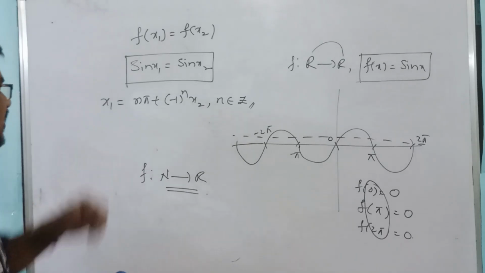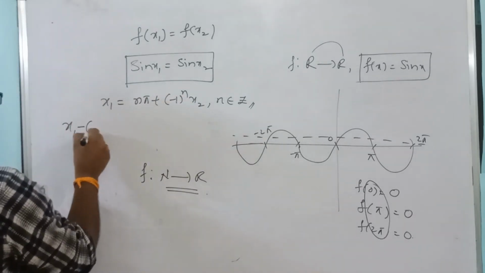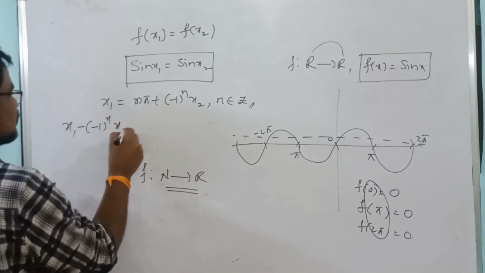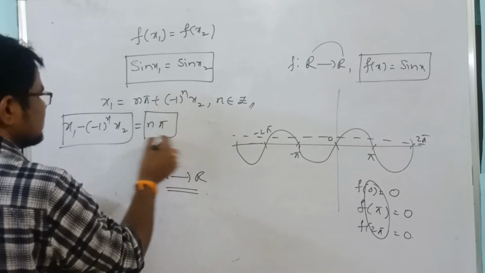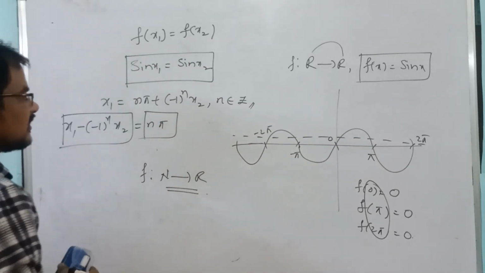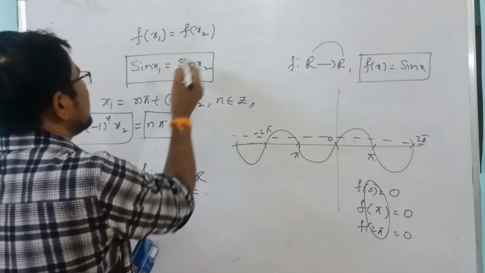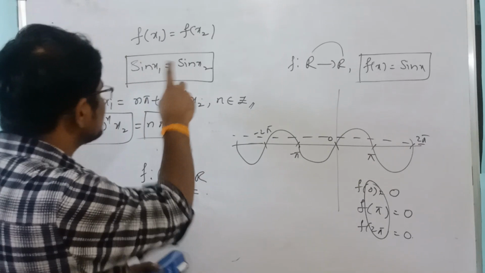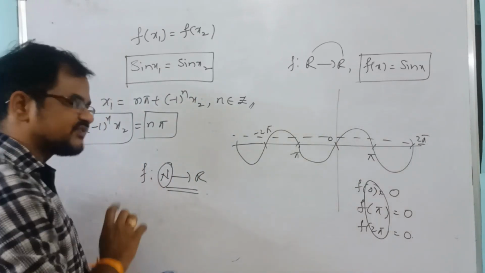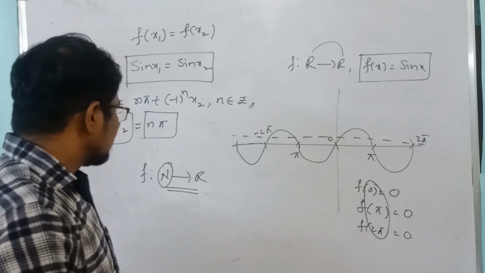Observe carefully. Now take this side: minus 1 to the power of n x2 equal to n pi. So this is LHS and this is RHS, right? Now here x1, x2 are natural numbers, because x1, x2 belong to the domain of this function, and the domain of this function is natural numbers.